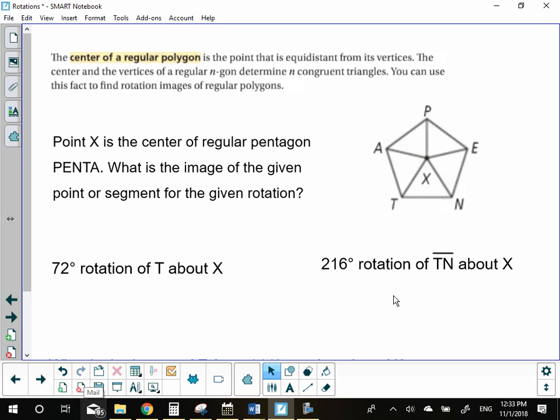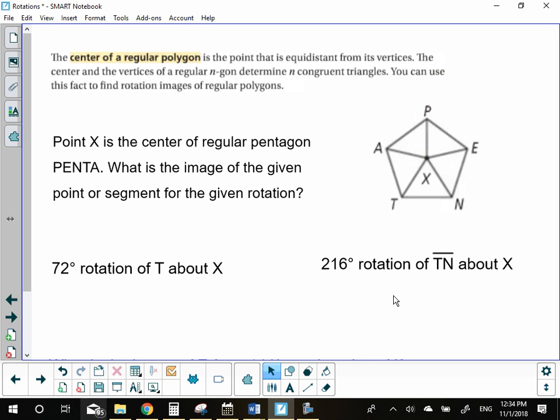And then we can also look at rotations besides the coordinate plane, also in figures. You know what a regular polygon is? It's a polygon that's got all equal sides, like a square or a triangle. This would be a regular pentagon, a 5-sided shape. And for a 5-sided shape, we go all the way around, 360.